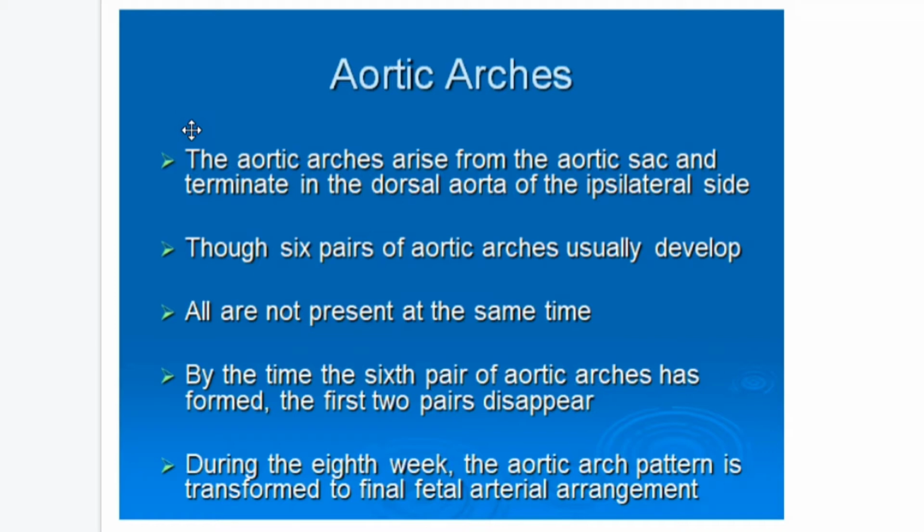There are 6 pairs of aortic arches that usually develop, but they're not all present at the same time. By the time the 6th pair of the aortic arches has formed, the first 2 pairs disappear. During the 8th week, the aortic arch pattern is transformed to the final fetal arterial arrangement.